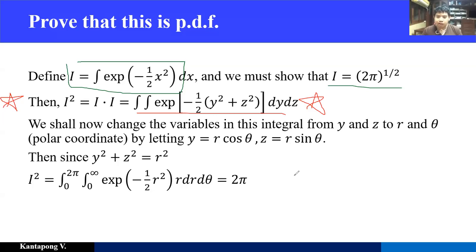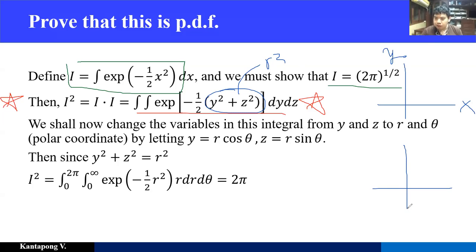But notice something beautiful here. If you learned about multivariate calculus, this is like the radius, right? So you can convert from the xy coordinate to the polar coordinate. The xy coordinate is something about x, y, right? But in the polar coordinate, what we care about is theta and r.